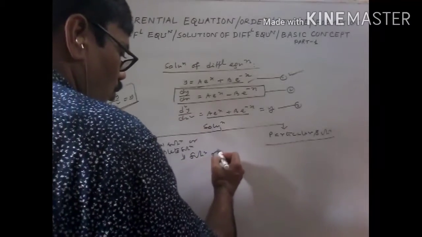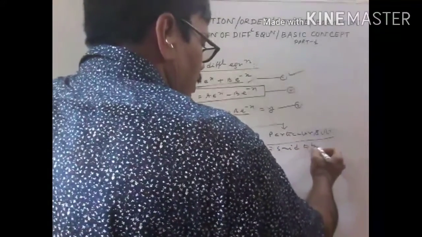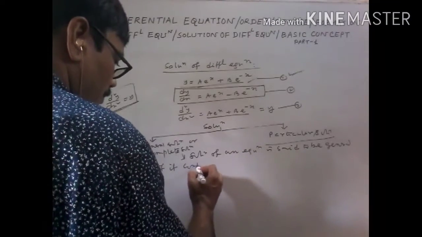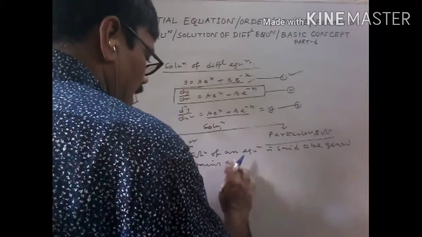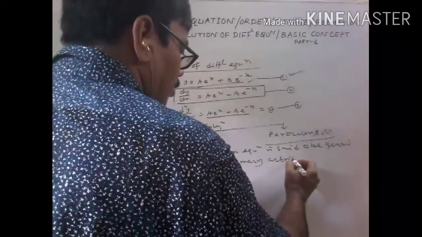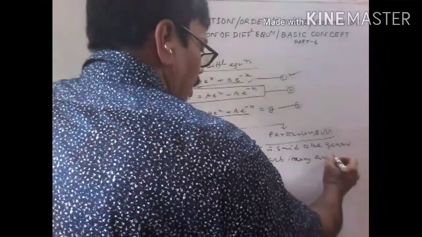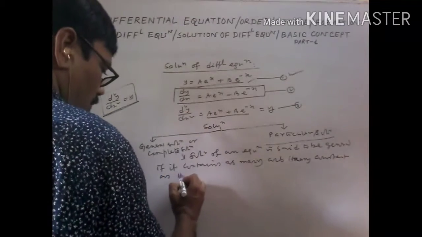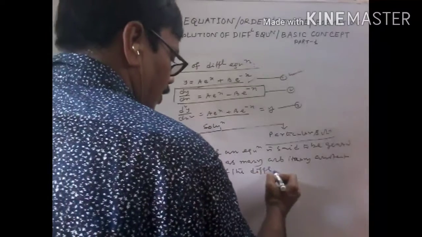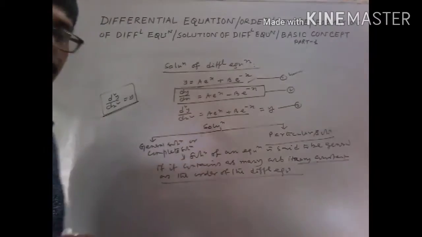So what is the general solution? A solution of an equation is said to be general if it contains as many arbitrary constants as the order of the differential equation.